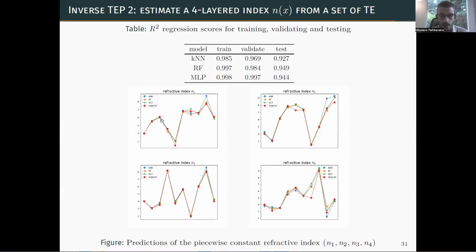For that reason, deep learning is better in a large data set compared to other simpler models. And in the bottom, we see the predictions for the four values of the refractive index, Ni1, Ni2, Ni3, and Ni4, where we see that our predictions are good. And this also is done in original eigenvalues, not included in the approximated data sets.